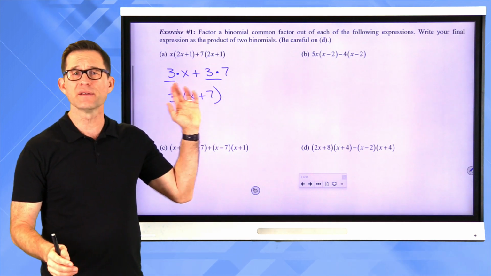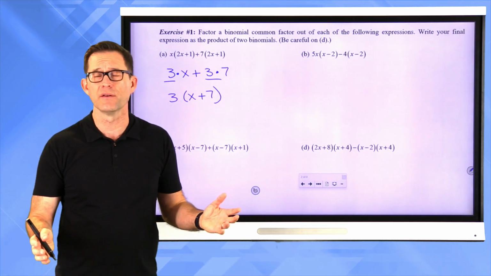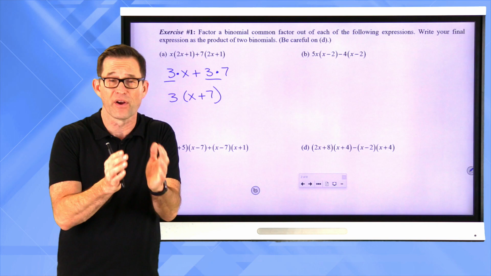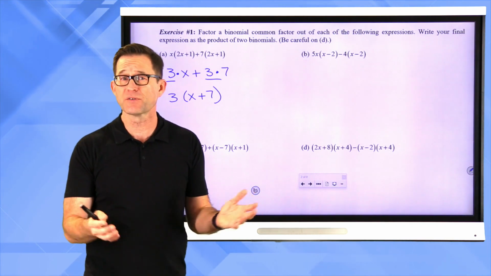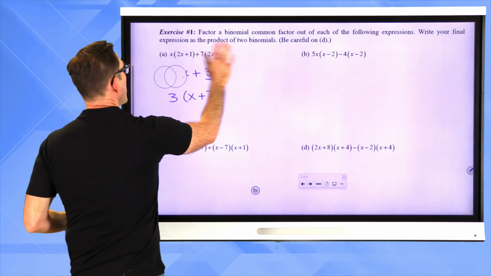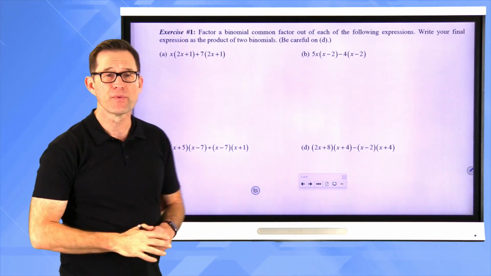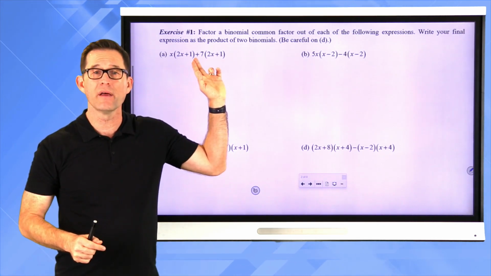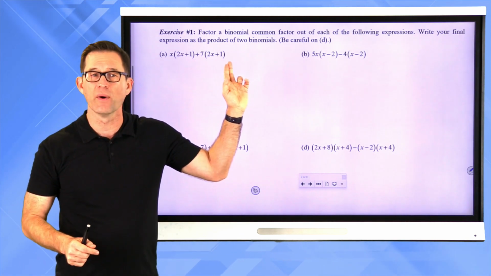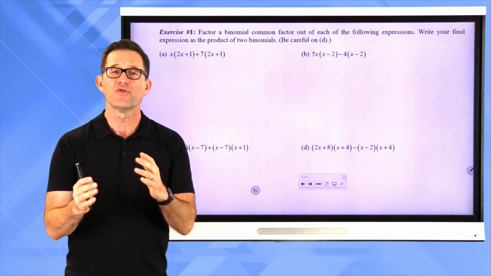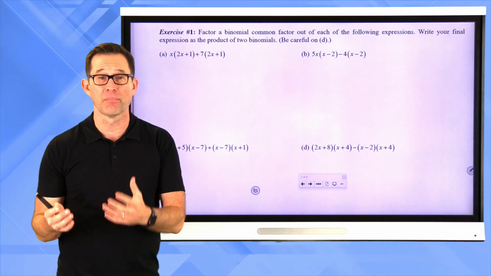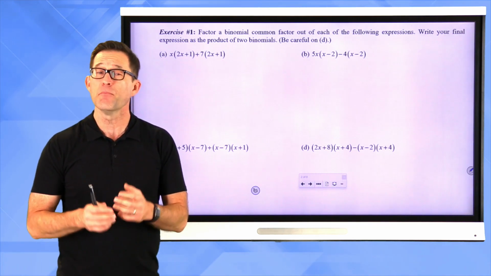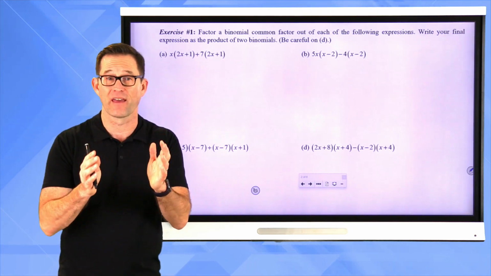Now, 3 is a monomial, but that really just means that it is a very, very simple mathematical expression, if you will. When I look at this particular problem, what I see is x times 2x plus 1 plus 7 times 2x plus 1. And sure, 2x plus 1 is more complex than the number 3, but it is still just a thing, right?